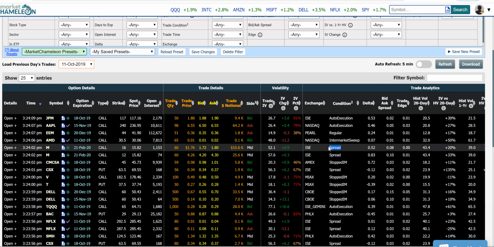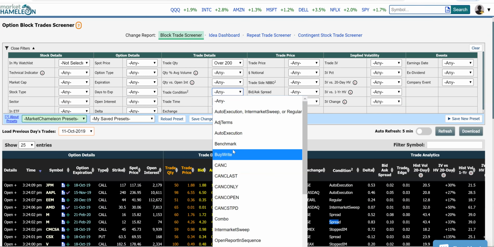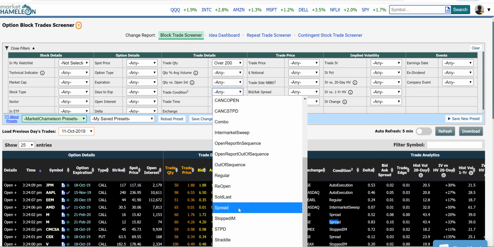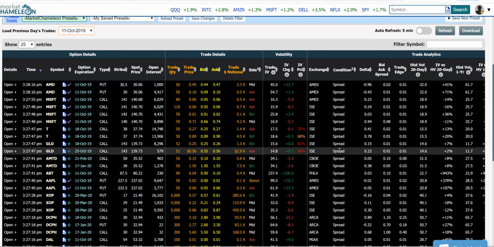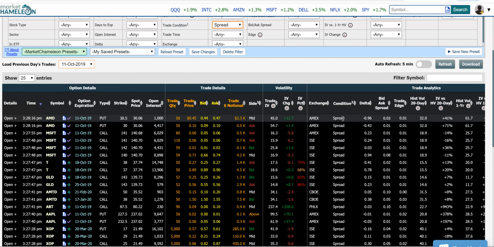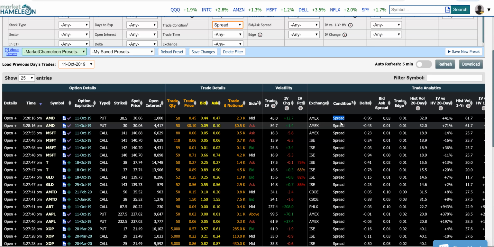Now, a spread order over here, let's just screen out all the spreads. So here in the trade condition, if I select spreads, it's only going to show me spreads. This is when the trade involves two parts. You're buying one option, selling another option. So you could see here, spread and spread, both were on the Amex.